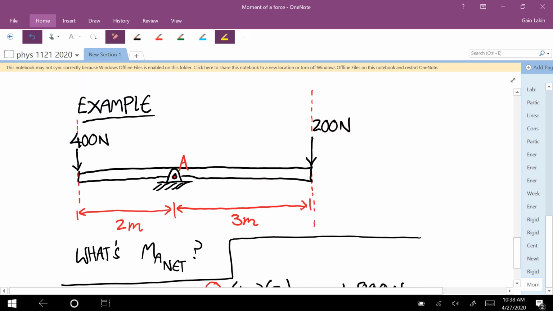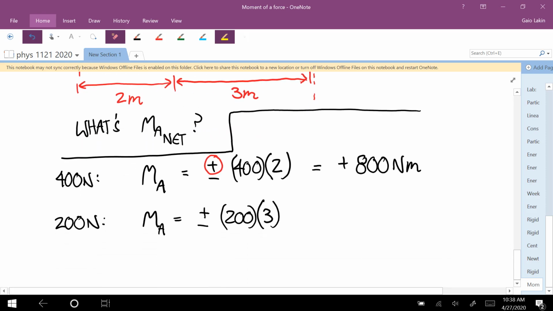And now think about the direction of rotation that would be caused by this force if you got rid of the other stuff. That force would make it rotate clockwise. So in this case, we're going to have a negative moment. And so if you calculate this, you get a value of negative 600 Newton meters.